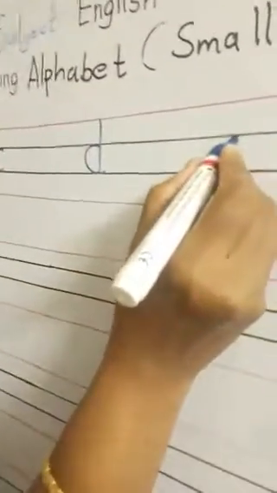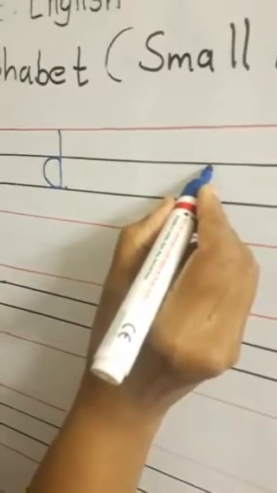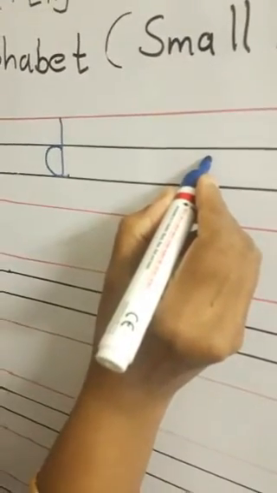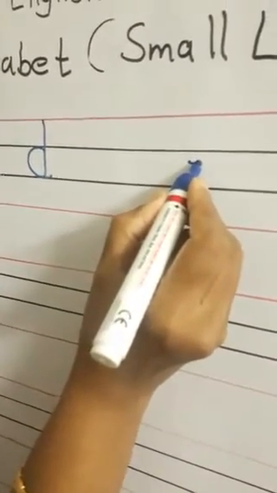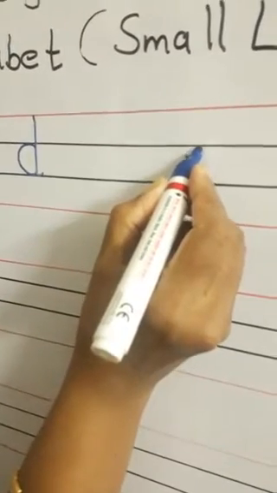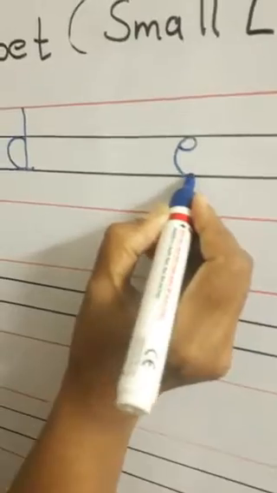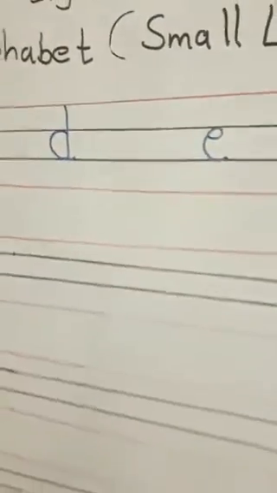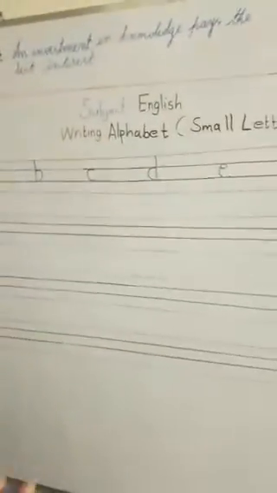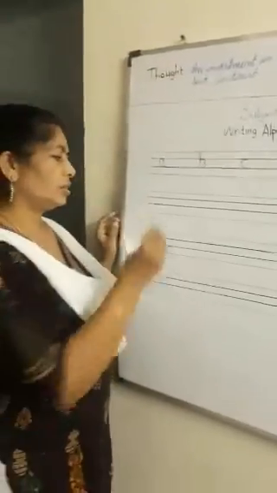E. Okay, very good. Start from the middle, with a small move, and go with a small curve to reach the bottom. Okay, this is E.